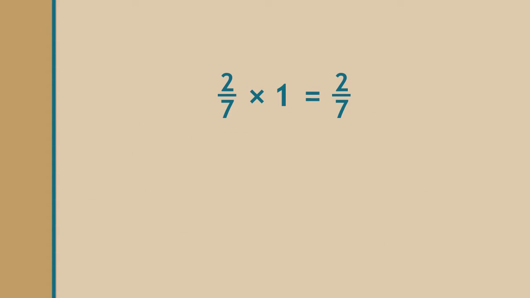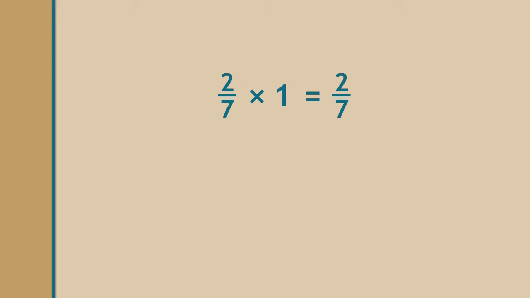Okay, so this is going to give us a good picture of what it looks like to apply the identity property of multiplication and to see how that relates to equivalent fractions, and specifically equivalent fractions in higher terms. So here we have the identity property of multiplication being shown using 2/7 times 1 equals 2/7. So we have two factors, 2/7 and 1, and so the product is 2/7.